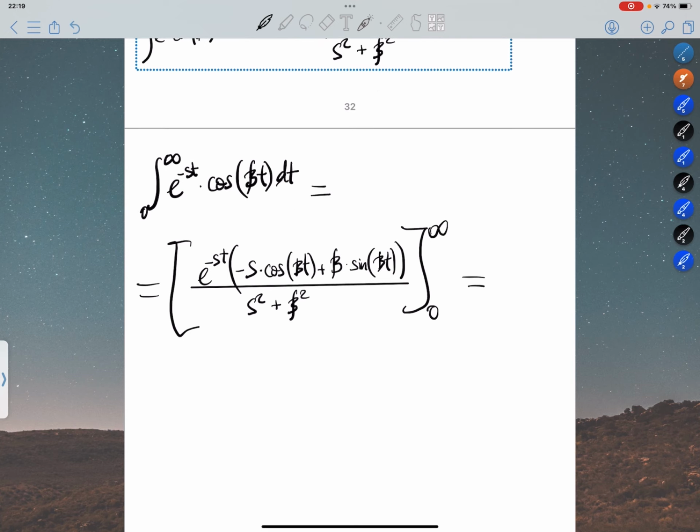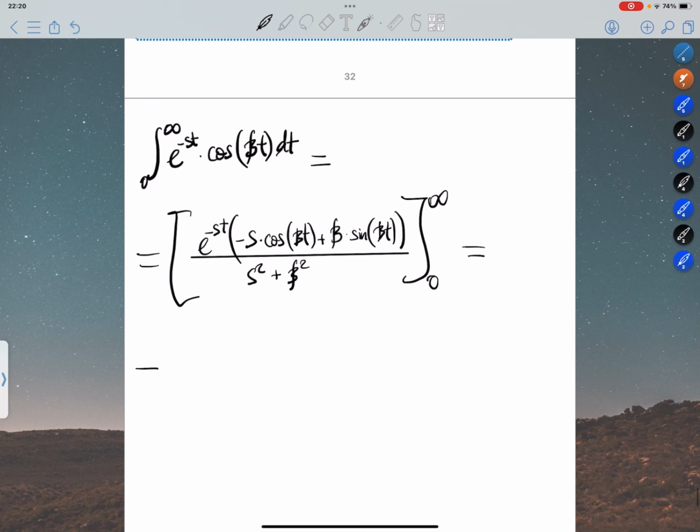And now what we're going to do is just substitute the infinity minus when we substitute the 0. So first we substitute the infinity in this fraction here.